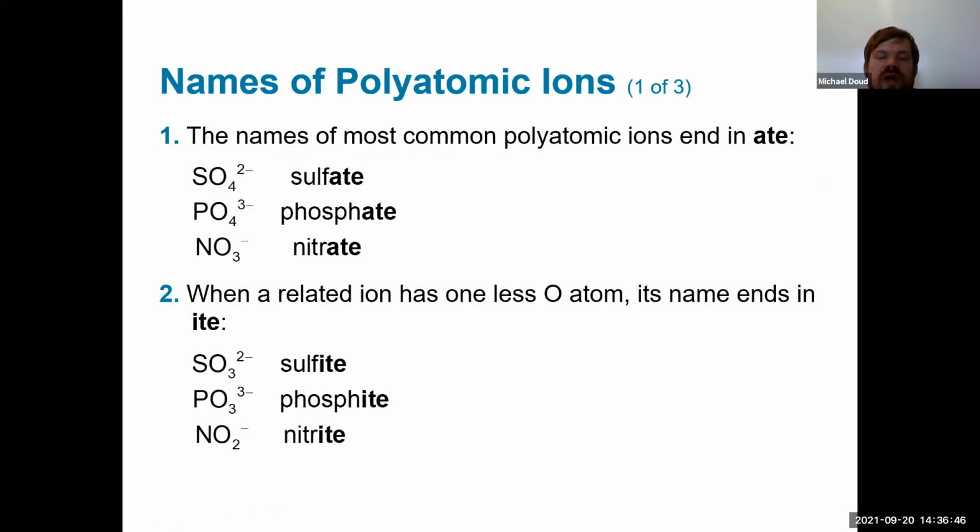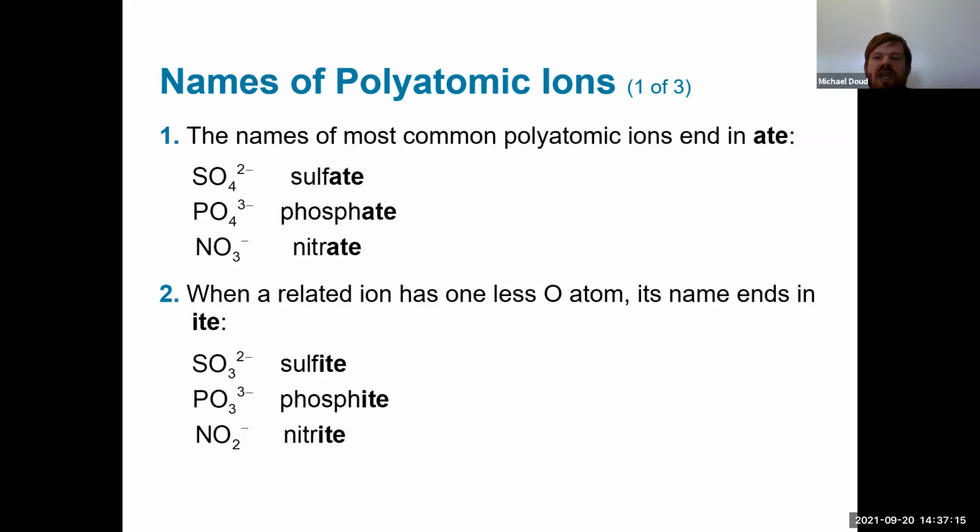Okay, so here's a few ways that you can help remember the names of polyatomic ions beyond just rote memorization. Step 1 is note that we have a lot of polyatomic ions that end in ate. SO4 2 minus is sulfate. PO4 3- is phosphate, and NO3- is nitrate. When you take away one of those oxygen atoms, the ion has the same charge, and now its name is going to end with an ite.